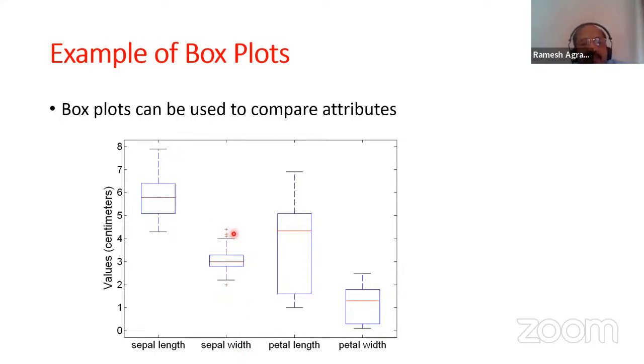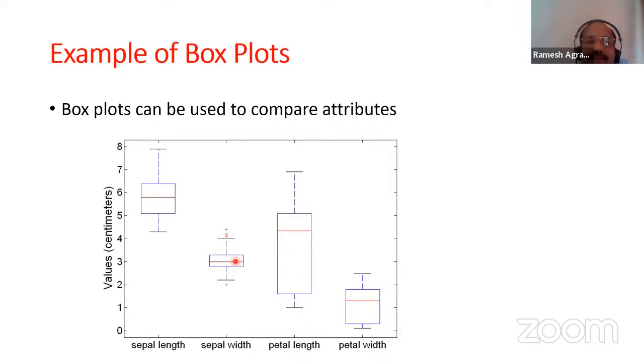For sepal width, this is the box plot. For petal length, this is the box plot. From this, what one more thing can you analyze? There is less spread in the values of sepal width, and more spread in the petal lengths among the samples.